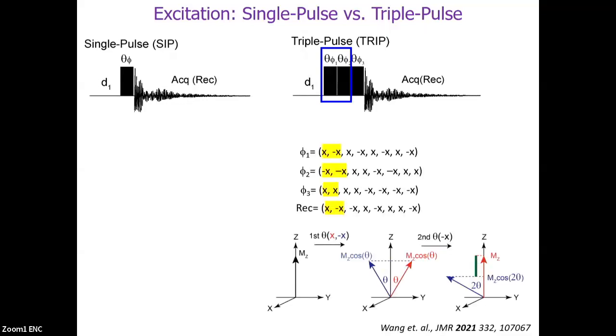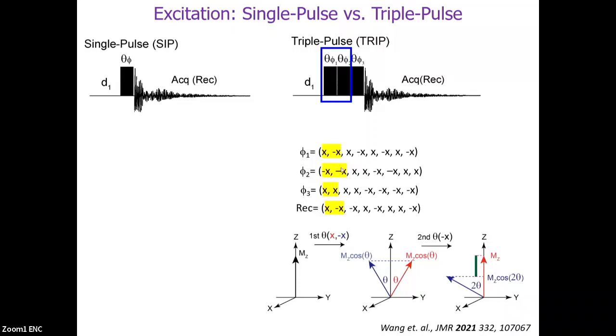For the first two pulses, here we show the first two scans of the phase cycling. If we look at the first scan, the first two pulses have opposite phase, and after the first scan the net effect is zero, which means it flips back to the previous magnetization.